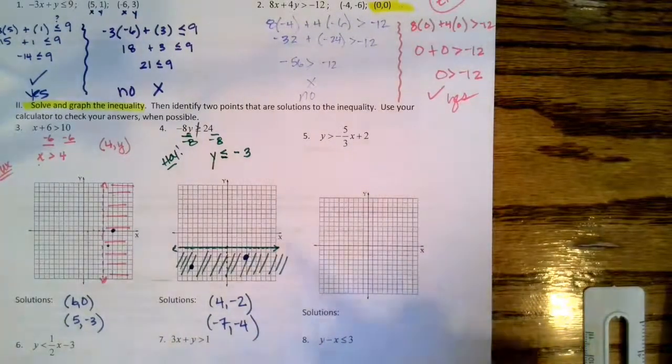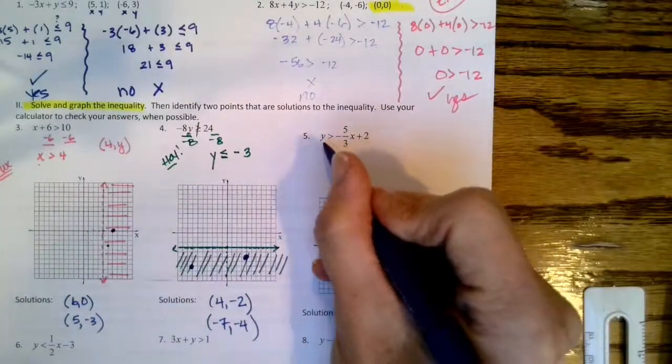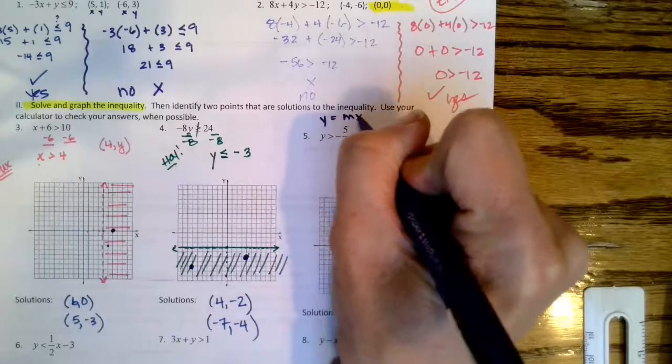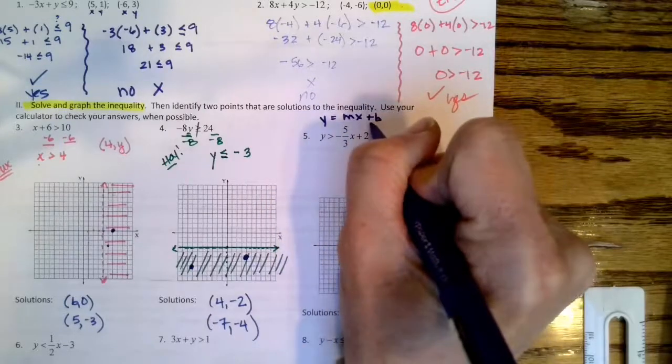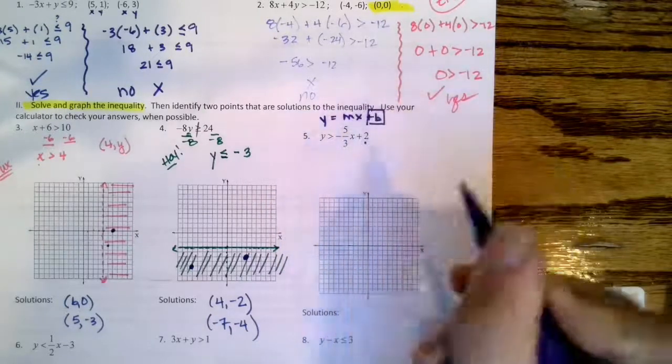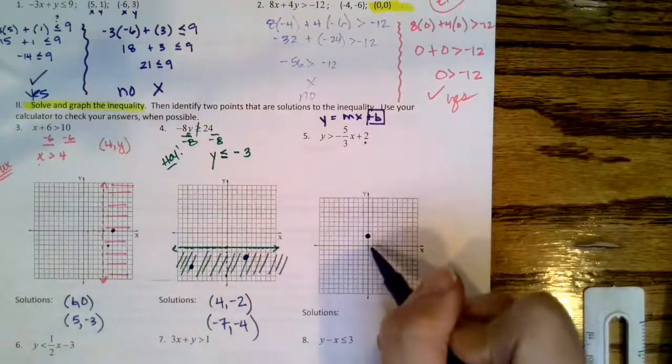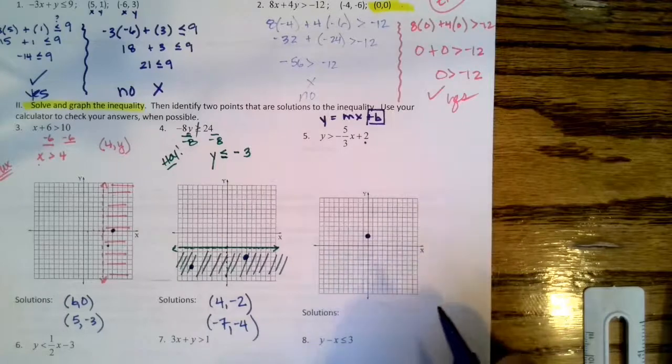Now we're going to have our linear equation. It's already in slope-intercept form: y is equal to mx plus b. This b is our start, so we're going to start at +2, counting up from 0, 1, 2.